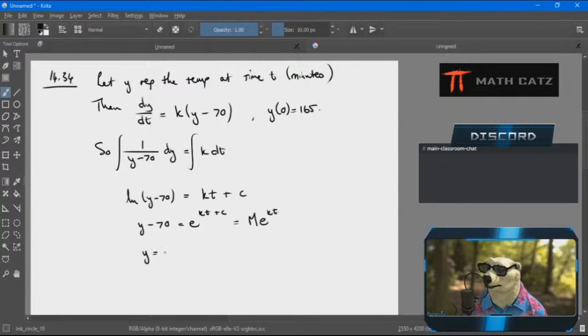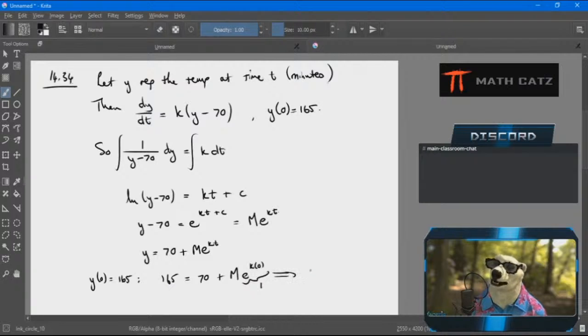And then I might as well solve for y now. I get 70 plus m e to the kt. You can put the 70 at the back, it doesn't really matter. Then I'll use the fact that at 0 I had a 165-degree turkey. So 165 for y gives me 70 plus my integration constant e to the k times 0, which is 1. And this gives me my m as 165 minus 70.